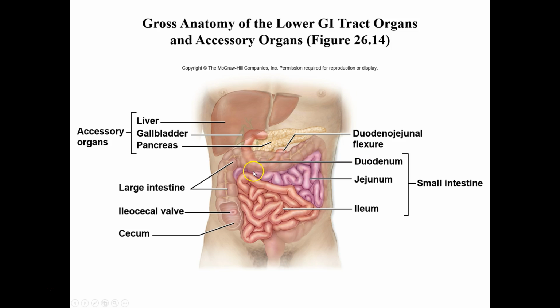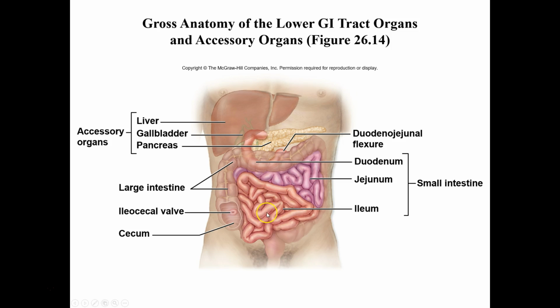And then over here you can see the duodenum, which actually attaches right here at the pyloric sphincter to the stomach, which would be over here. And then the duodenum, which is a small region, runs into the jejunum of the small intestines, and then that runs into the ileum of the small intestines.